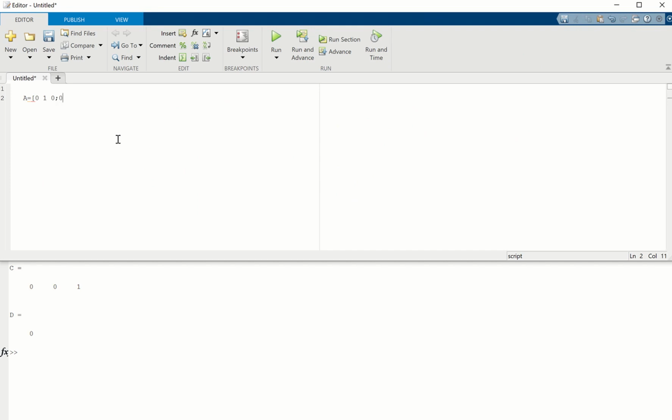The next line is 0, 0, 1. Next line is 0, minus 6, minus 5. That's right. And your B is 0, 0, 1. Here we go. Now the gain matrix is going to be acker of A, B, oh I forgot to put J. These are the poles, eigenvalues. It is minus 2 minus j multiplied by the square root of 3.